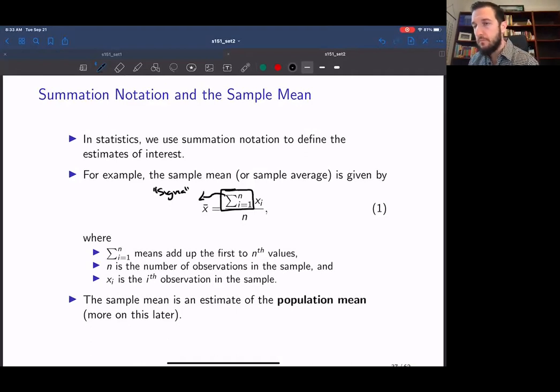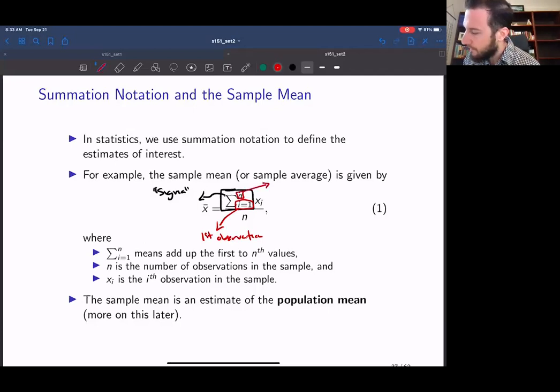Sigma means add together the values between the indices. So what this is saying to us is add every value from the first observation, so this part here means first observation, to the last observation.